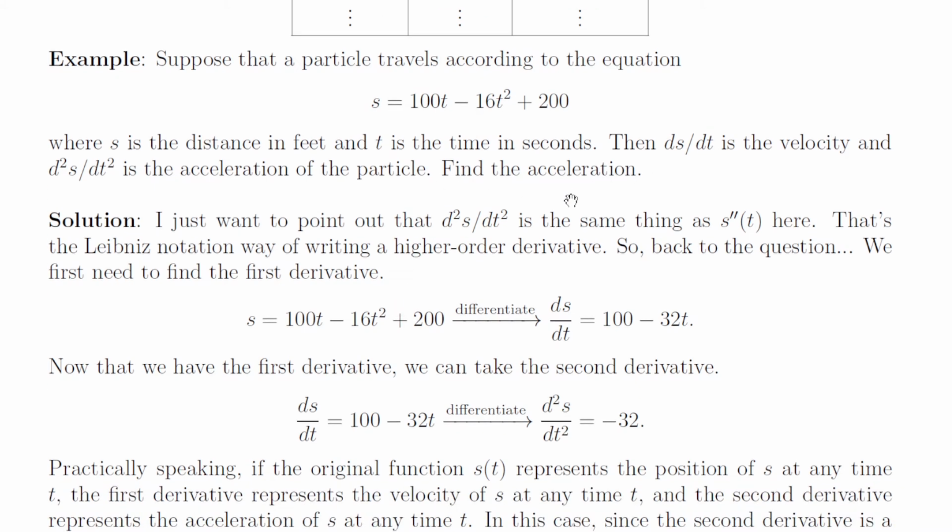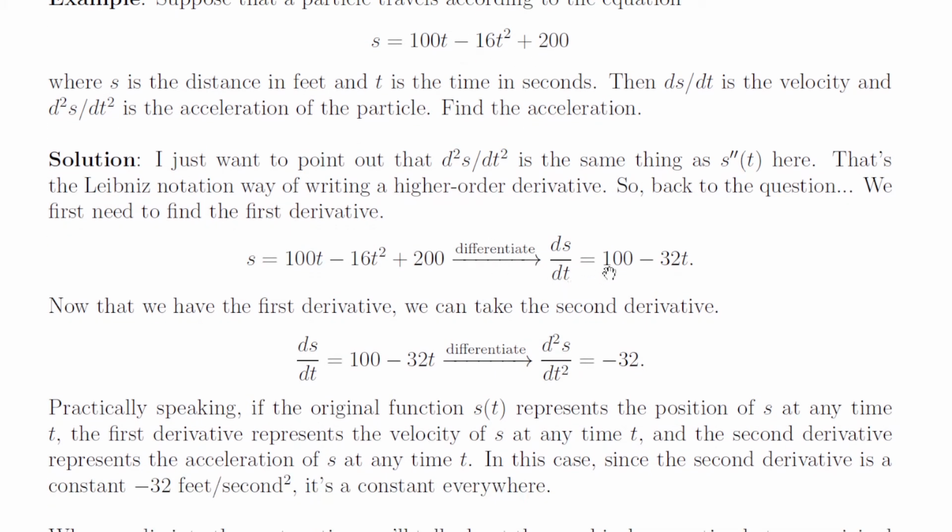We want to find the acceleration at any given point in time. So all we need to do is determine the second derivative of this function above. We have this function, s = 100t - 16t² + 200.